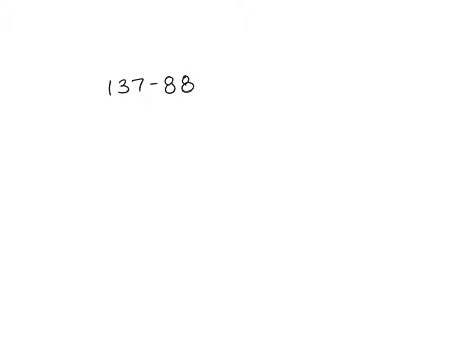Here's another subtraction problem, 137 minus 88, and I'm going to do this by the adding up strategy I just talked about. I am at 88, so I need to get to 137. The very first thing I'm going to do is add 2 to that. Now remember, I'm doing this in my head, and I'm being a little more detailed on the screen.